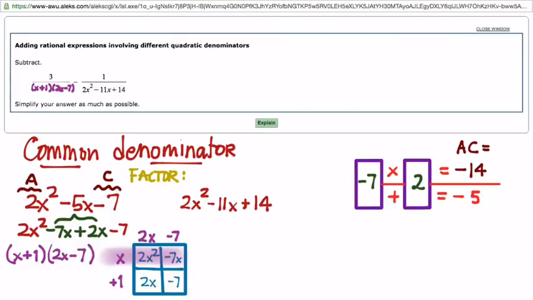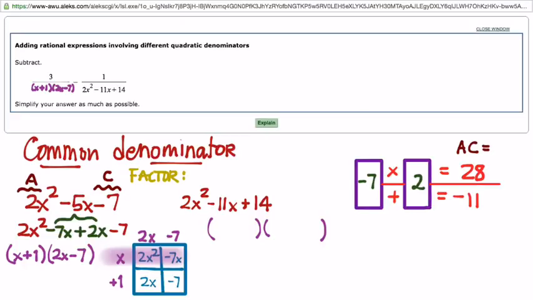The same process applied to our second trinomial. Just to repeat this process, here the middle term is negative 11, and a times c is going to be positive 28.